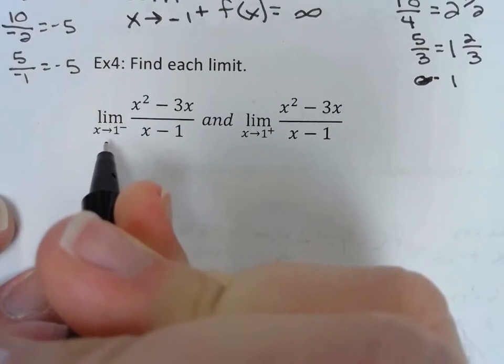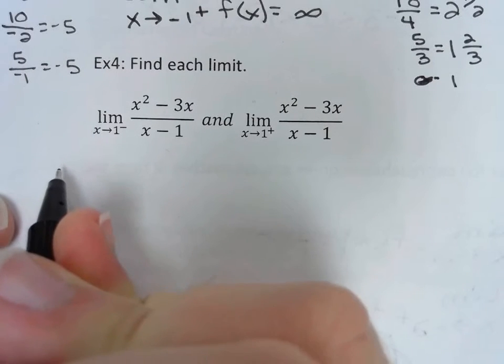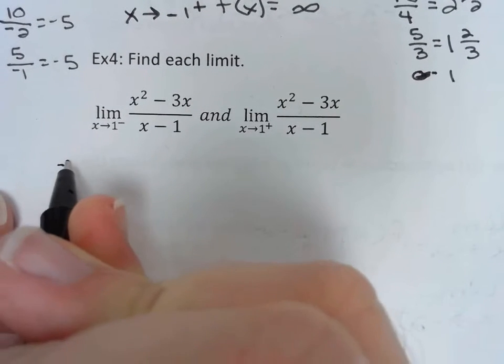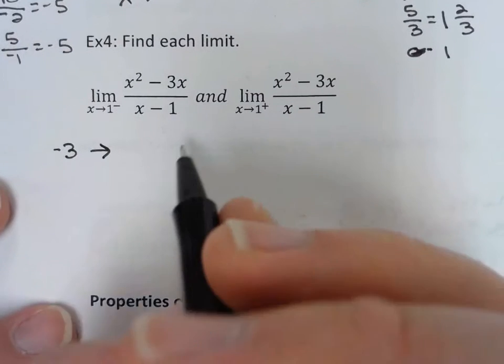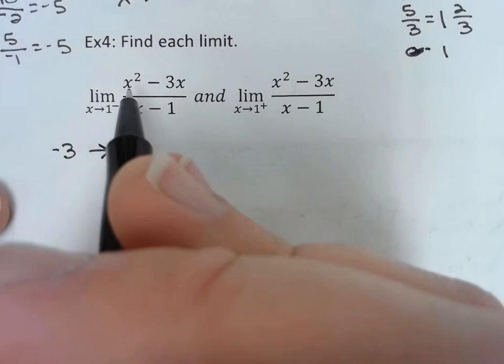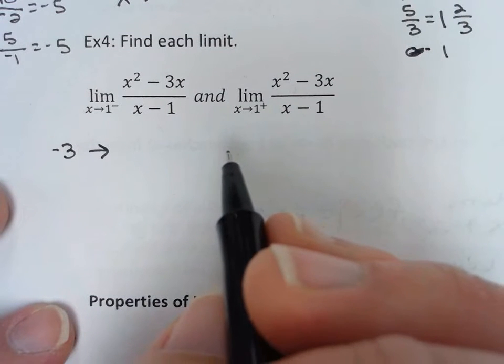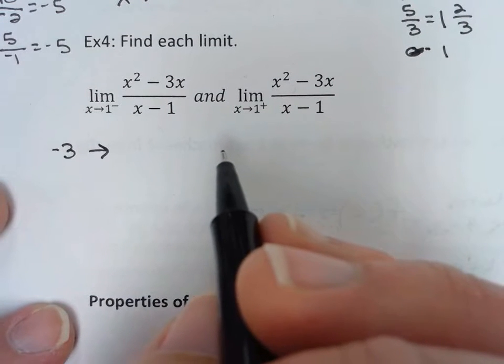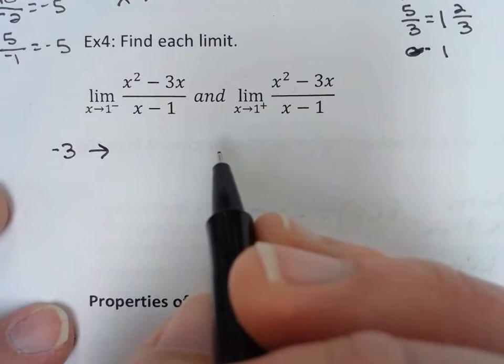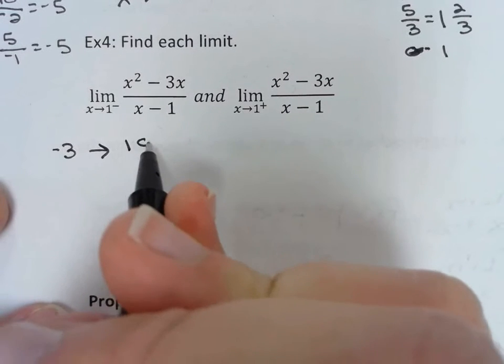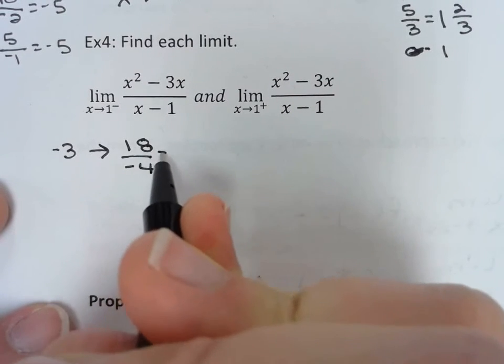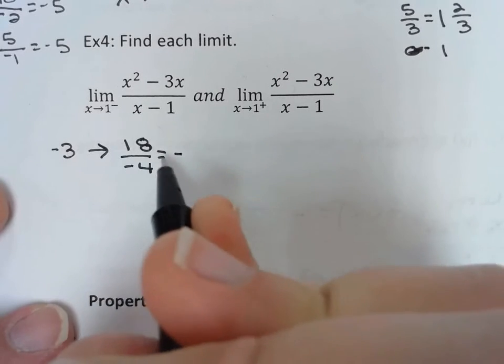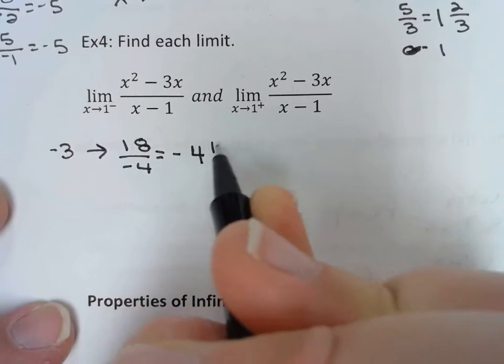So 1 from the left. Let's plug in negative 3. That's going to give me 18 on top, so 18 over negative 4, or negative 4.5.